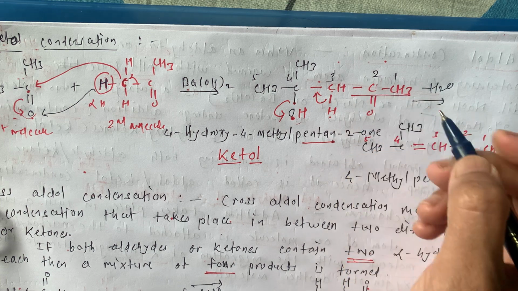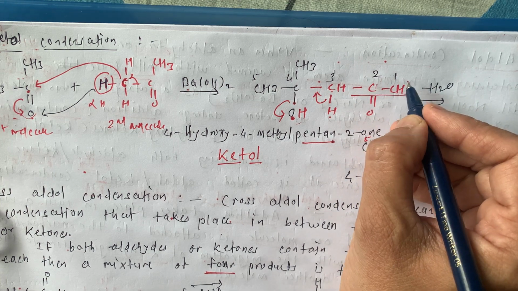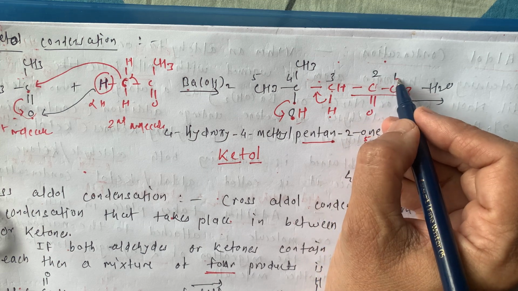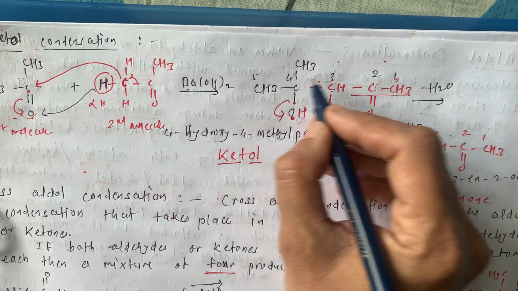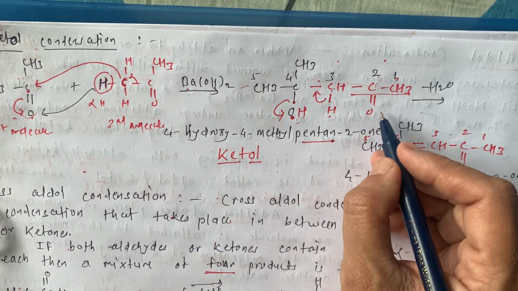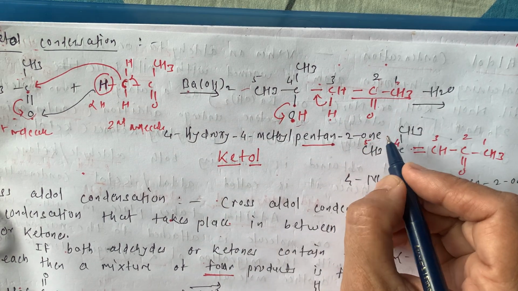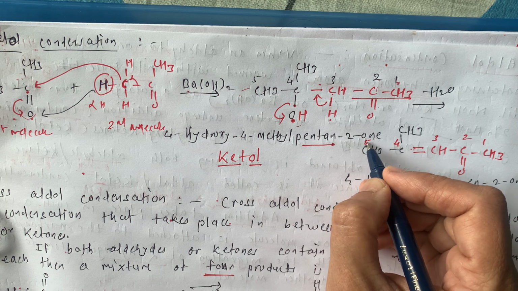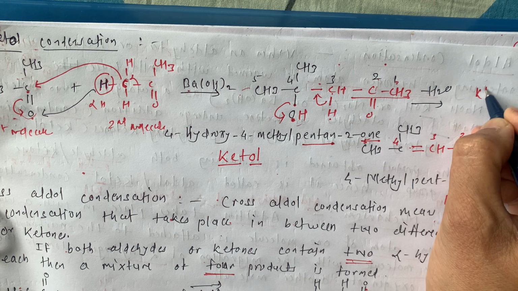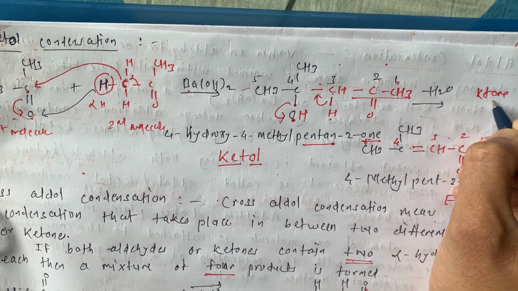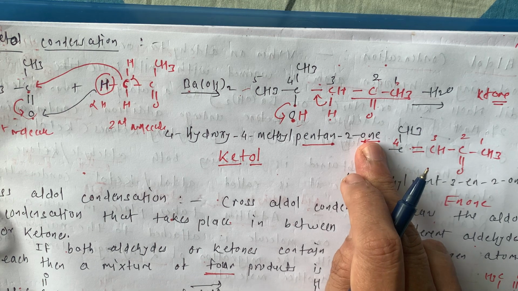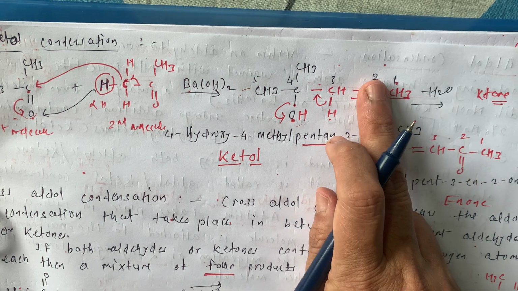We have to number from the end where the functional group is nearer, so we start the numbering from this end, 1, 2, 3, 4, 5. On the second carbon there is the ketonic functional group, and we know that in IUPAC we mention ketone by just 1. So here it is 1, on the second carbon.